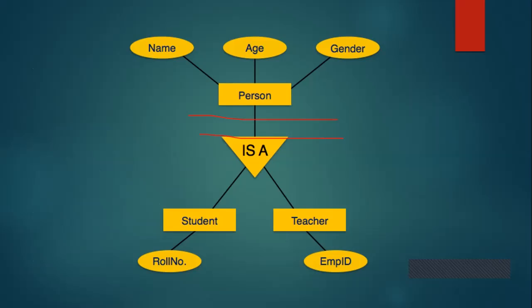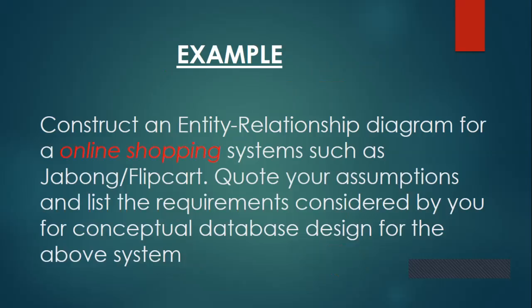These characteristics of a person, name, age, gender, are taken by student, where the student can also have a special characteristic, that is roll number. Same thing with teacher. The teacher has all these three characteristics with a special characteristic of its own, that is employee ID.